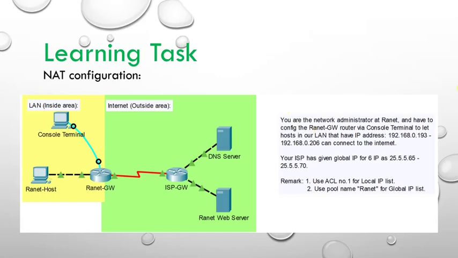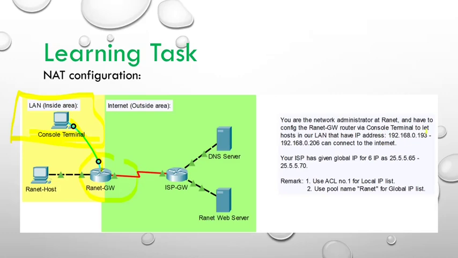You are the network administrator at RayNet and have to configure the RayNet GW router via console. So ito, using this particular console terminal, okay? Kasi si router, wala siyang keyboard saka interface, wala siyang mouse. So, pag may console port kayo, dun kayo mag-configure lagi, no? Kaya nilalagay dun sa command, through console.